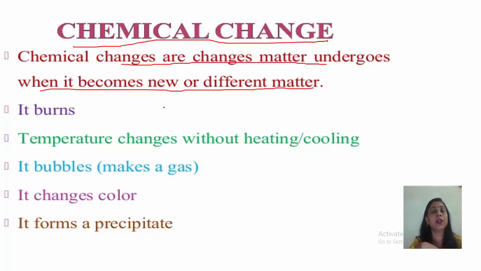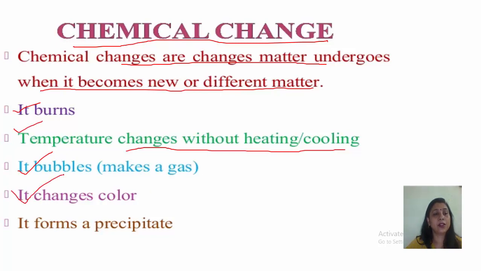Means when we burn paper, it turns into ash and water vapor is produced and carbon dioxide is produced. Okay? Chemical changes can take place when it burns, when temperature changes without heating or cooling, when it bubbles, that means production of gas, when the change in color is there, or there is a formation of a precipitate. These all are chemical changes.